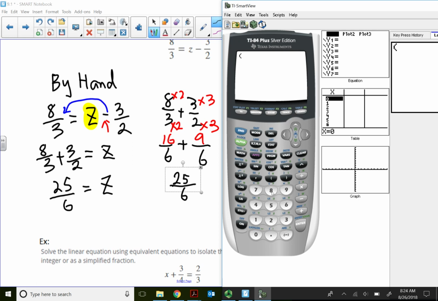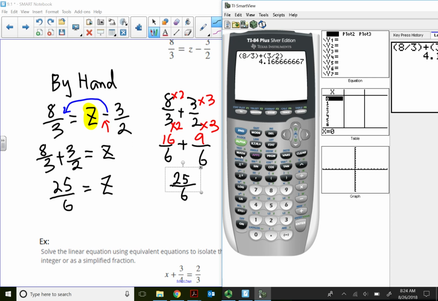So open parenthesis, 8 divided by 3, close parenthesis, plus open parenthesis, 3 over 2, and close it. So in a way, you're telling the calculator to do 8 divided by 3 first, 3 divided by 2 next, then add them up. All right, so the decimal answer is 4.16 repeating.